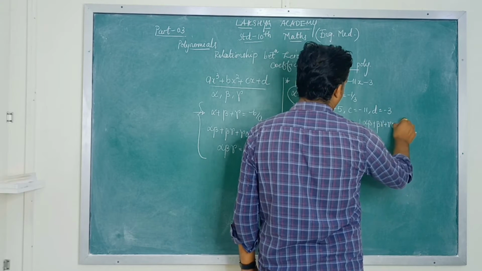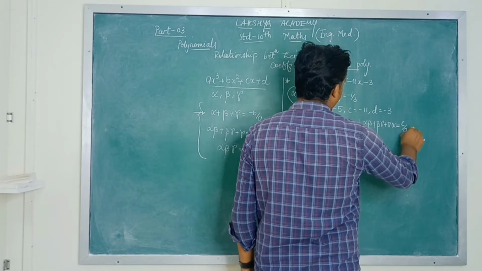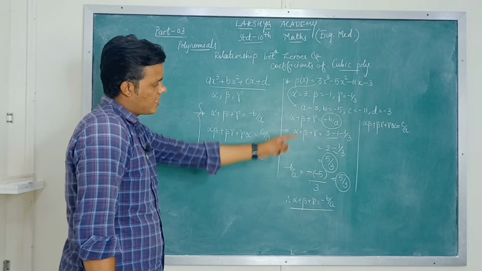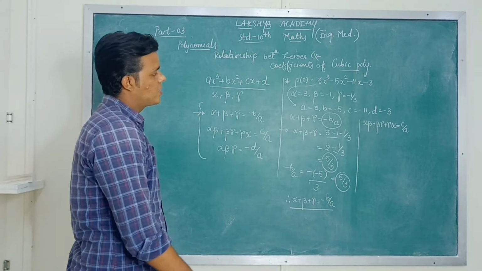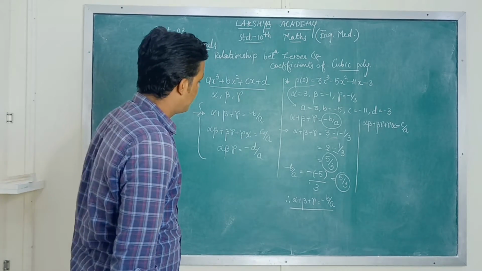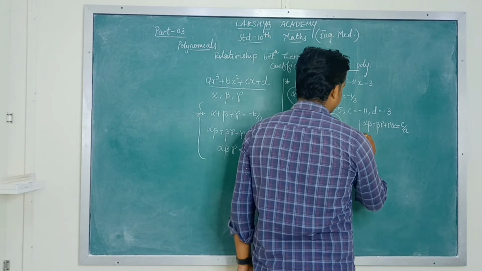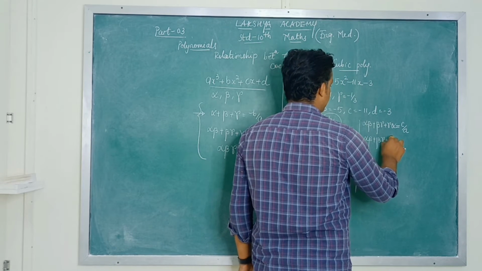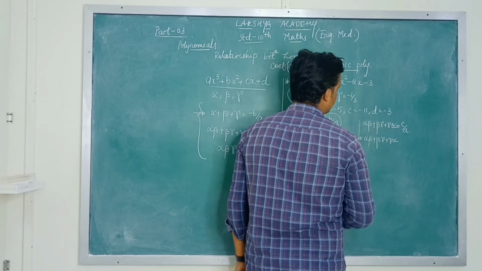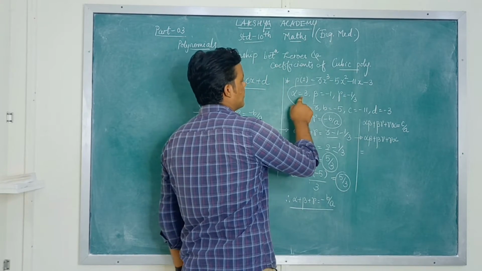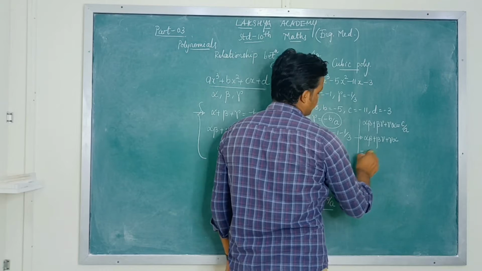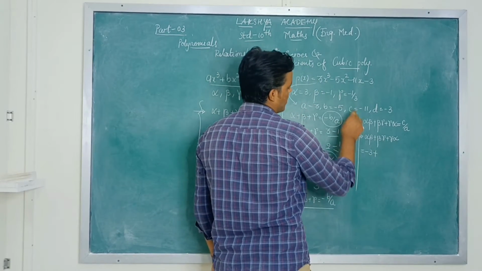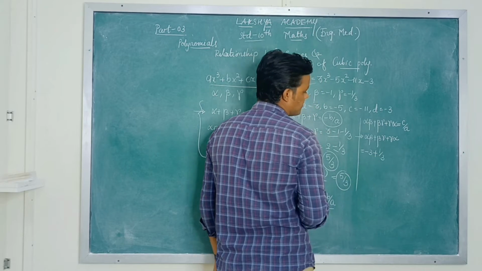Now the next relationship, which is alpha into beta plus beta into gamma plus gamma into alpha equals c by a, right? So we will try to find alpha beta plus beta gamma plus gamma alpha first. It will be alpha into beta, 3 into minus 1, minus 3, plus beta into gamma, minus 1 into minus 1 by 3, which is 1 by 3.